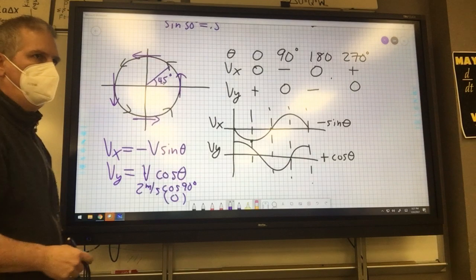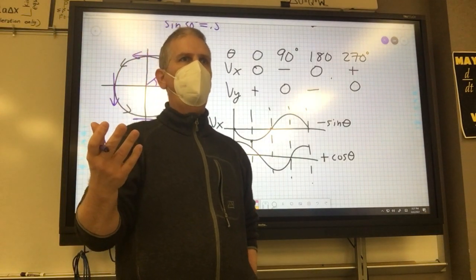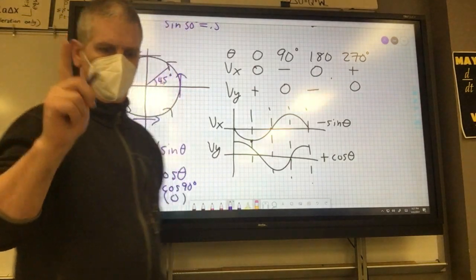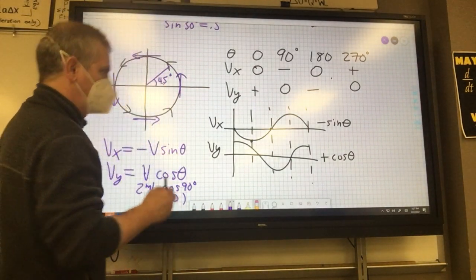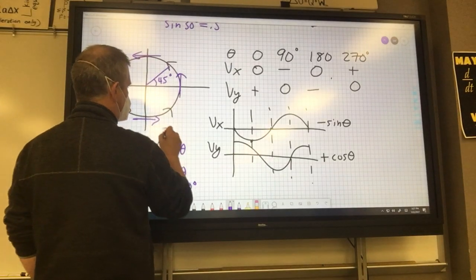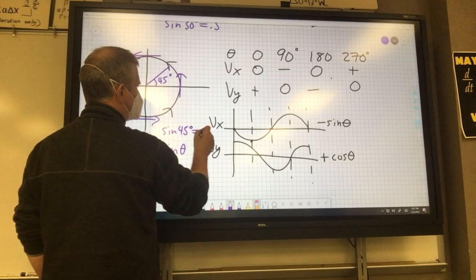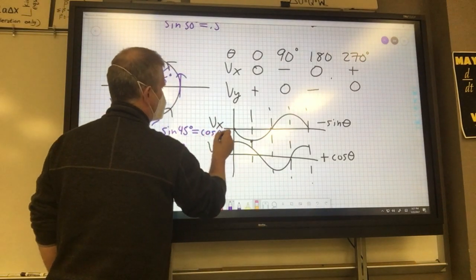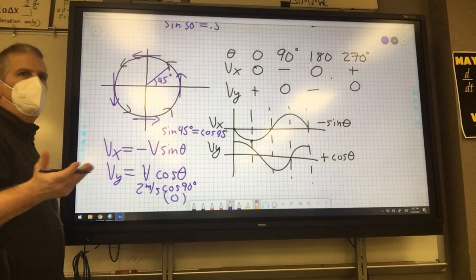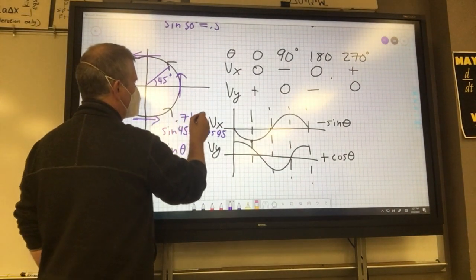At 45 degrees, you might say, oh, well, half of it's in the y direction, half of it's in the x direction. No. It is true that they have equal x and y components at that point, but it turns out that the sine of 45 degrees equals the cosine of 45 degrees, and that is 0.707, or 71%.